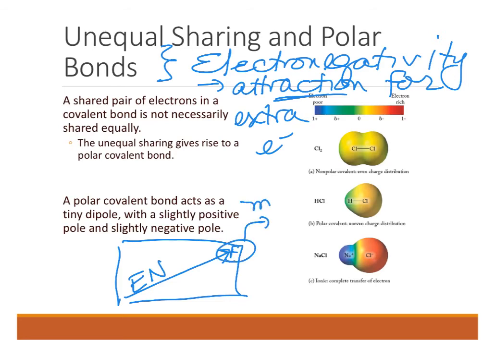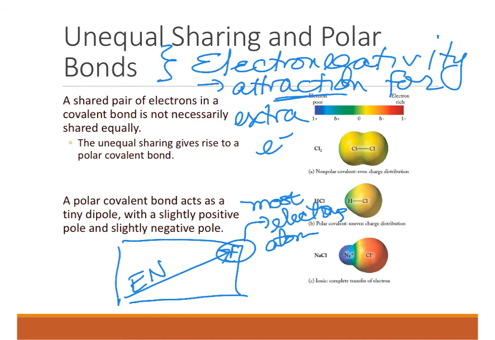The fluorine atom is the most electronegative atom on the entire periodic table. So the closer another element is to fluorine, the higher its electronegativity, or attraction for extra electrons, is.